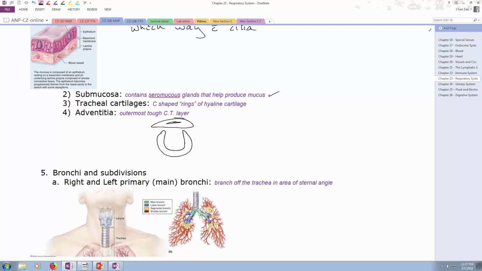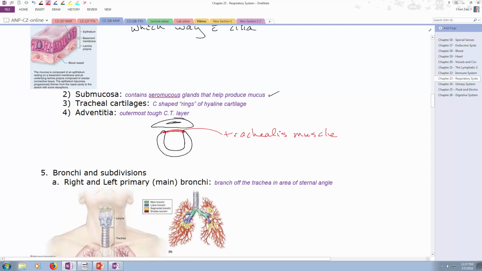Now, your tracheal cartilages have a muscle right back here. It's called the trachealis muscle. What type of muscle do you suppose this is? It's a smooth muscle.